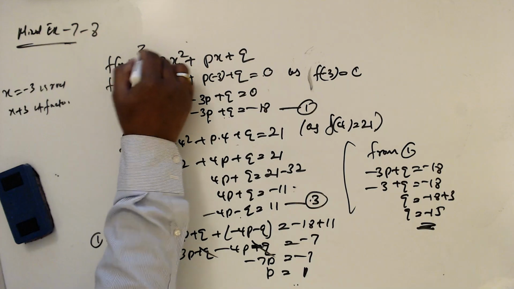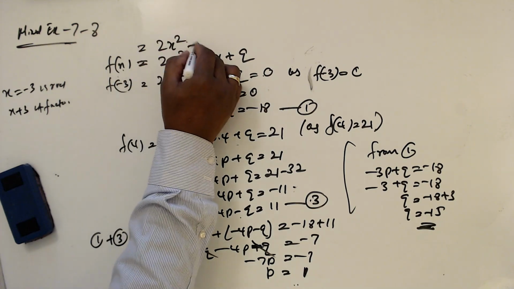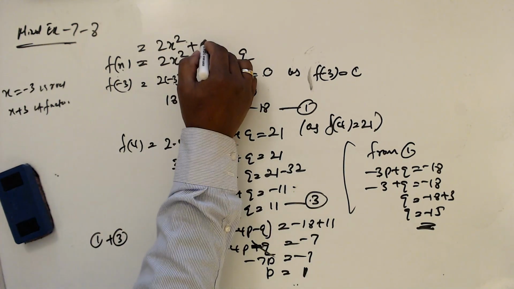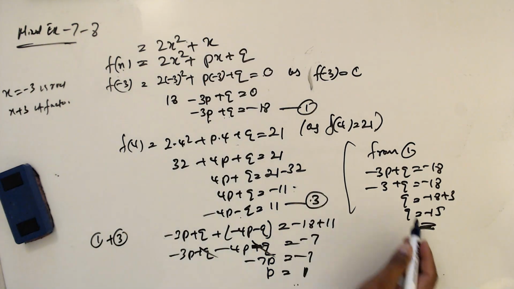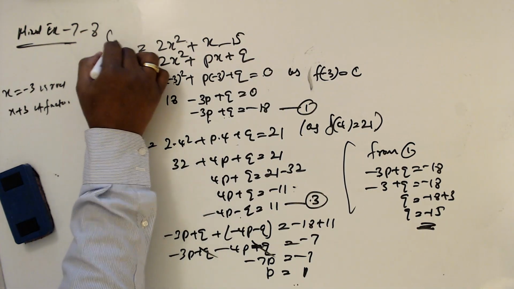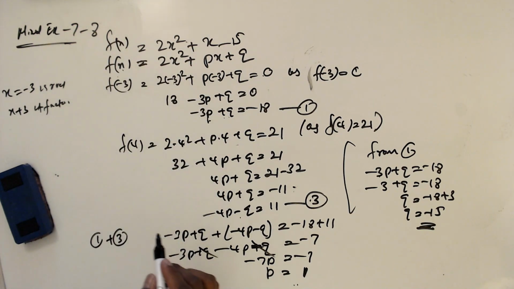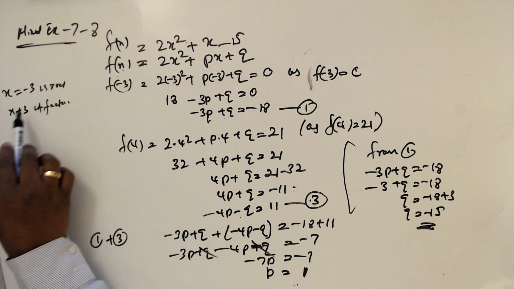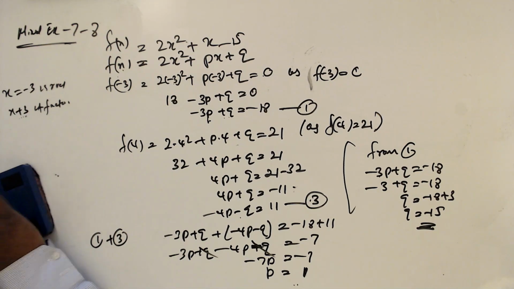Now we can write this one as 2x squared, p means 1, 1x, and q means minus 15. Now we know f(x). Now we want to fully factorize this one. We know that x plus 3 is a factor of this one.